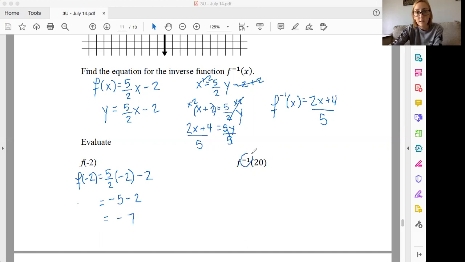And then when there's that little -1 there, that means that you need to use the inverse function to find your answer. So f^-1 of 20, plus 4 over 5, so 44 over 5 would be our answer.